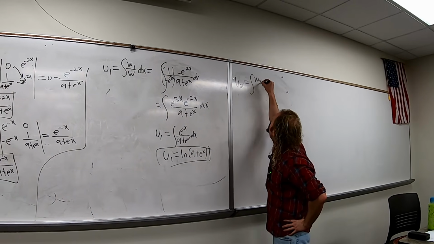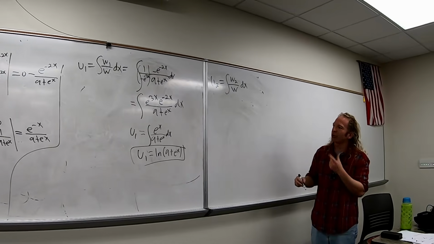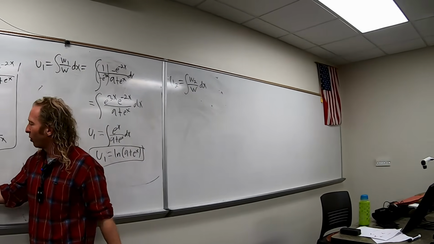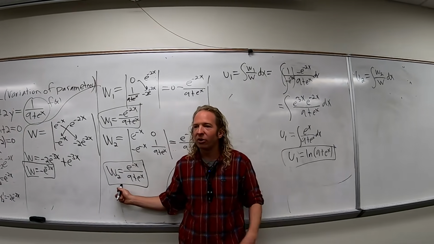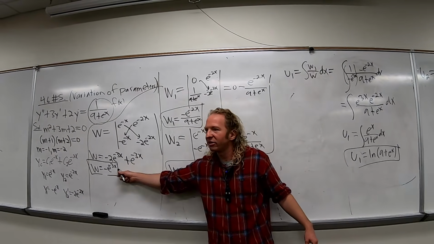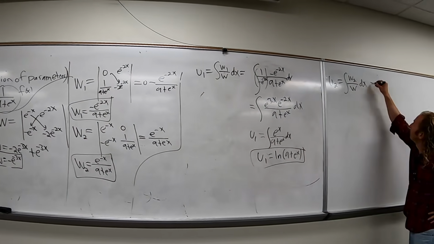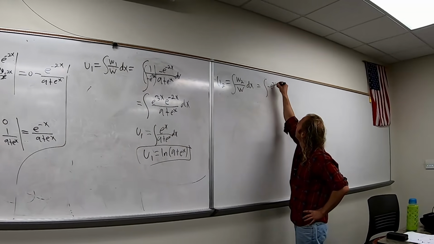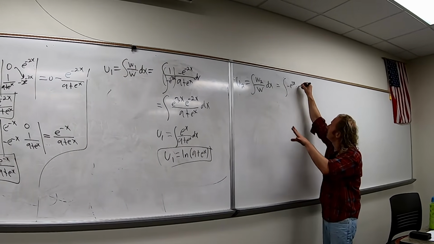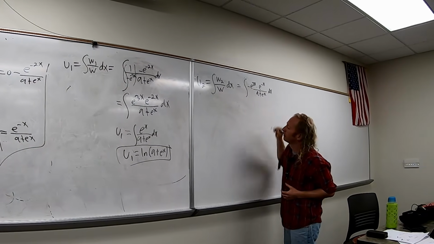is W2 over W. So W2 is way down there. It's over here. It's this one. And so we're dividing by W. So this time, let's just go ahead and skip that step. We're dividing by this. So it'll be negative e to the 3x times W2, which is e to the negative x over 9 plus e to the x dx, right?